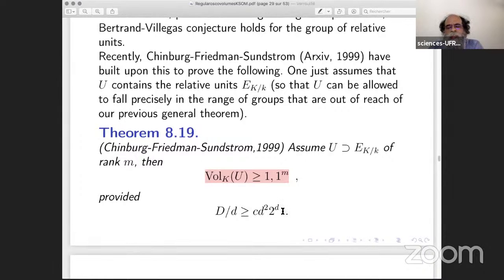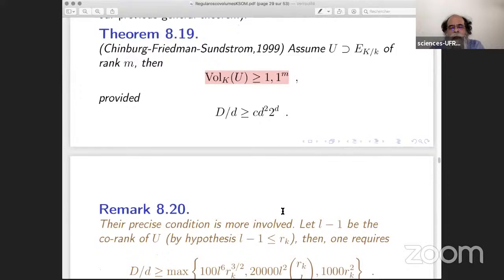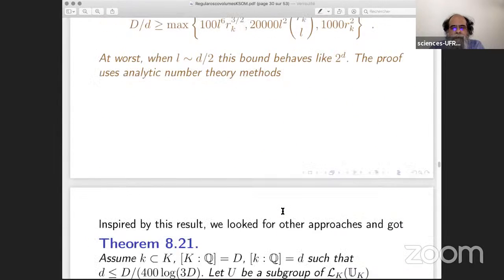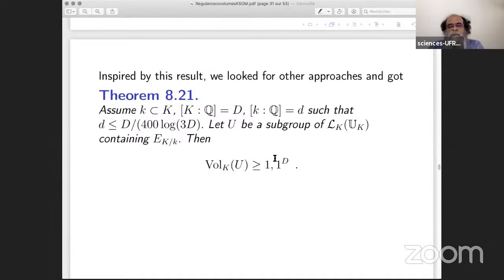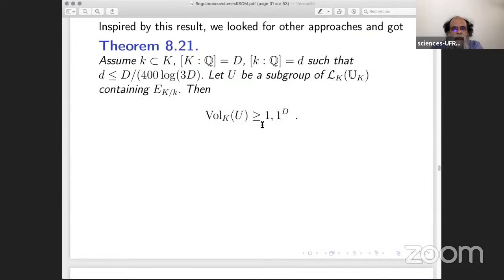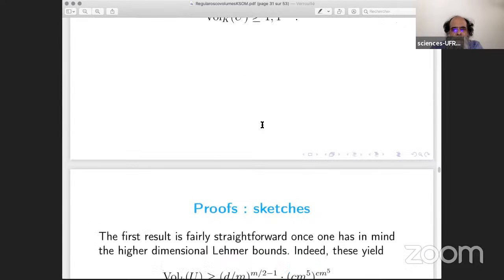So you gain about 2 exponentials, but you have the same statement. But I should stress that we thought of these kinds of statements only after reading the arXiv paper of Shinberg, Friedman, and Sinnou. So they showed the way.